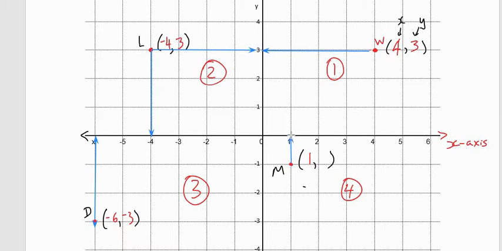It's easy to make the mistake of going with the y, but the x coordinate, we always want to look at first. So from the point, we go straight to the x-axis, and it's the positive x-axis we're looking at, so that's +1. And then what we're looking at next is the y coordinate.